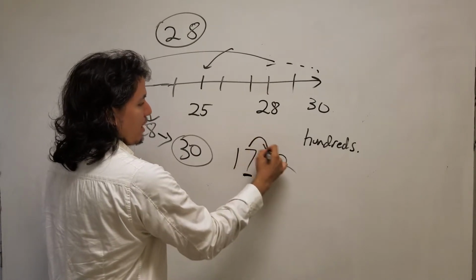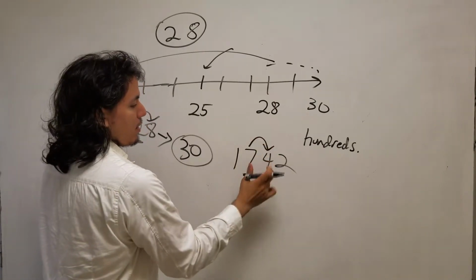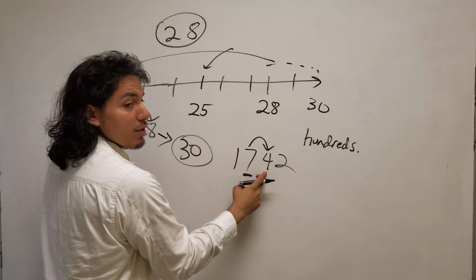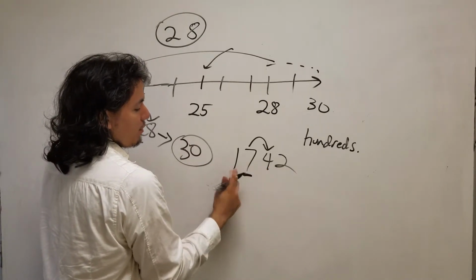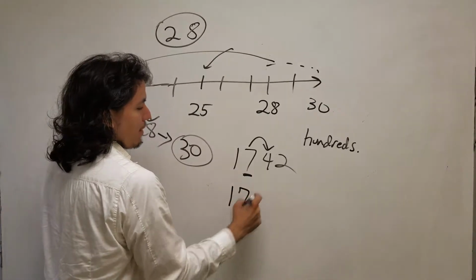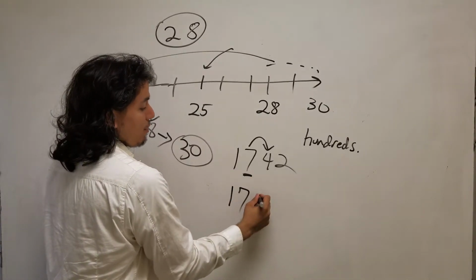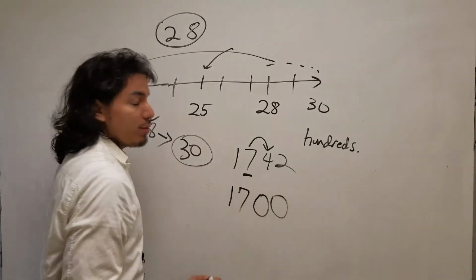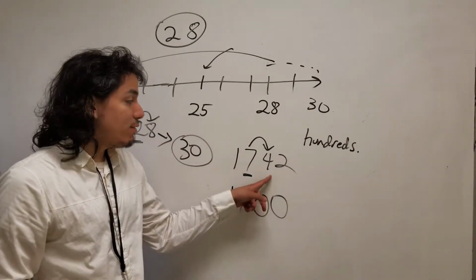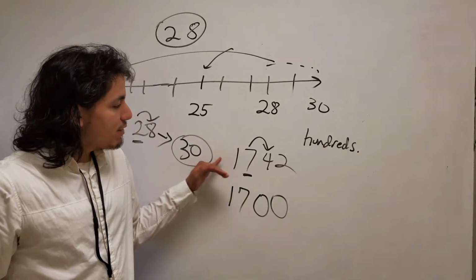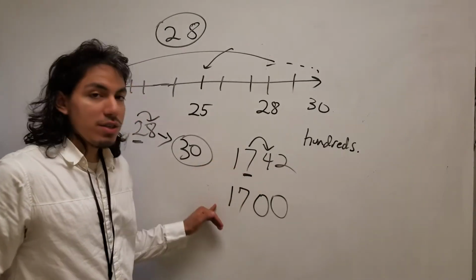So I look to my right and ask myself, is this number bigger than 5? No. So we keep the 7 the same and also the first number, so it stays the same. But these two numbers, we drop them and make each of them 0, because we're rounding down since it's less than 5. So instead of 1742, you put 1700.